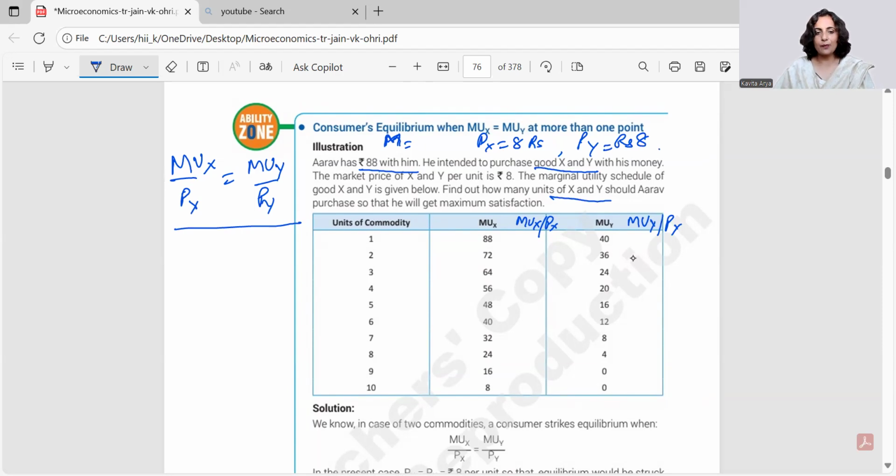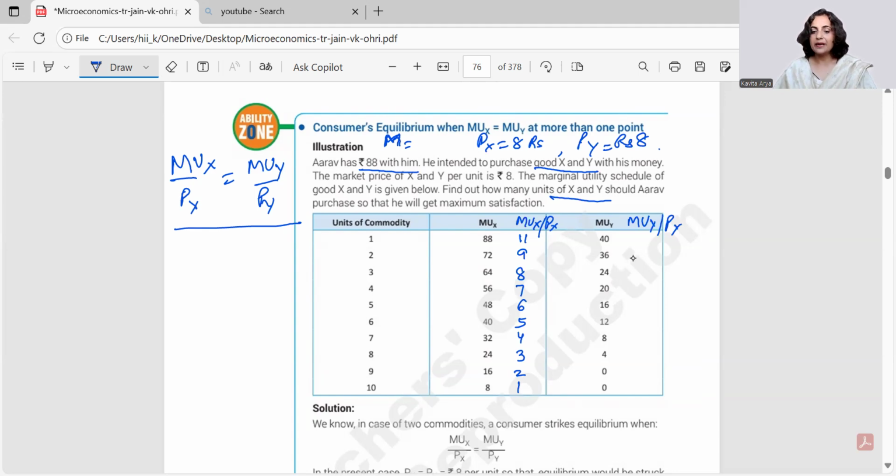If we just go about it, it's simply the table of 8 given here. So 88 by 8 is 11, 88 by 8 is 11, 72 by 8 is 9, then 8, then 7, 6, 5, 4, 3, 2, and 1. So MUX by PX is this.